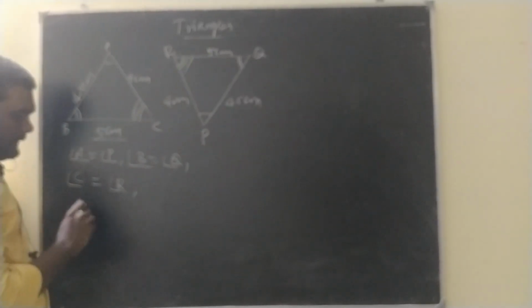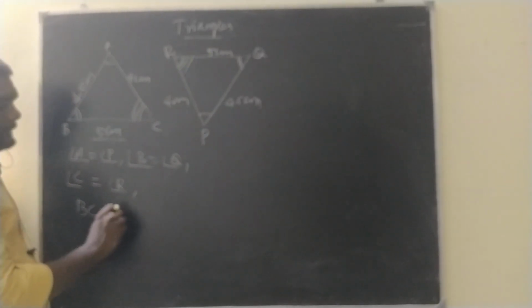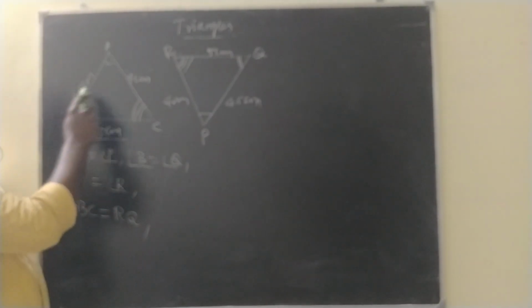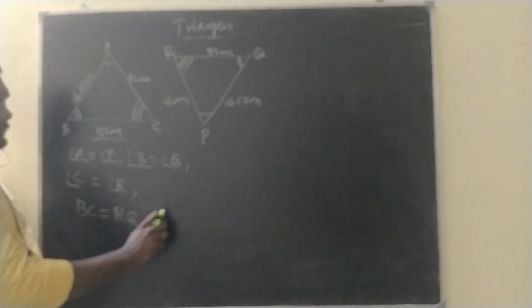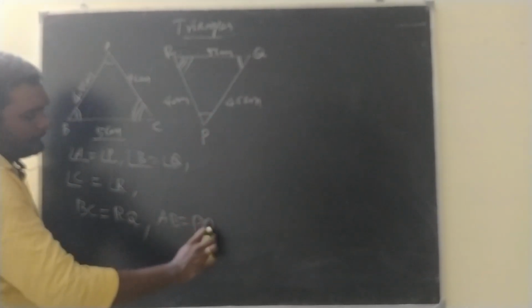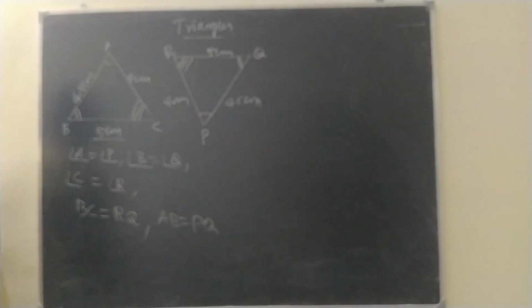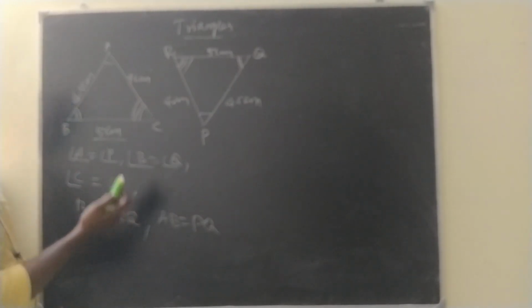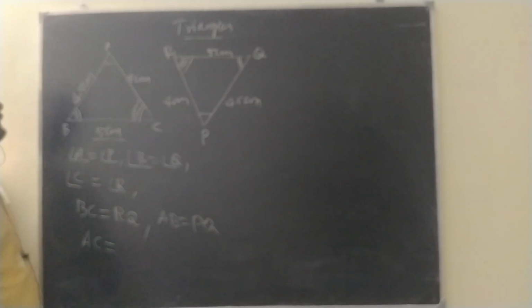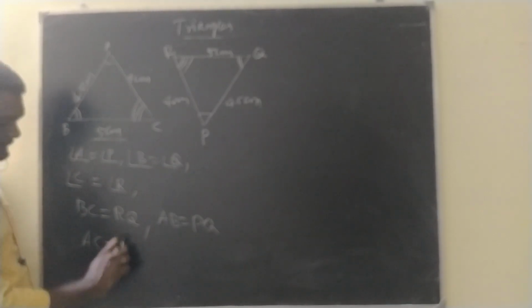That means BC equals RQ, and then here 4.5, there 4.5. 4.5 means AB, there 4.5 means PQ, and 4 centimeter AC equals PR.